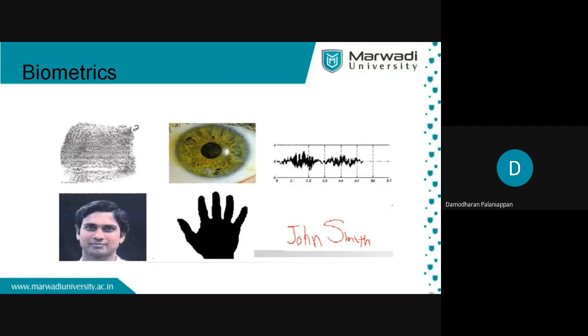This is an example of image processing where we start from the camera. The camera gives enough information to search the internet and finally tell whether the person is present or not. So it is another application of image processing in biometrics.